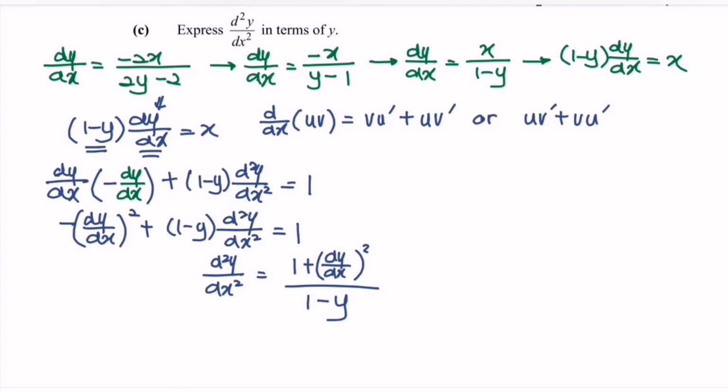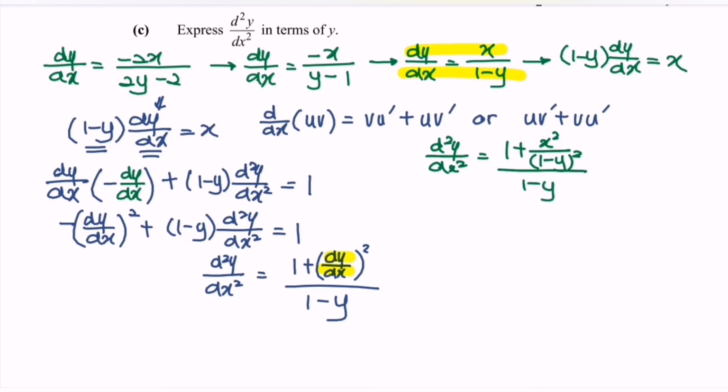Do remember, the question asks us to express the situation in terms of y. So kindly focus on the first derivative. As we all know, the first derivative equals x over 1 minus y. So kindly substitute the situation. Here we have the second derivative equals 1 plus x squared over 1 minus y, bracket squared, over 1 minus y.